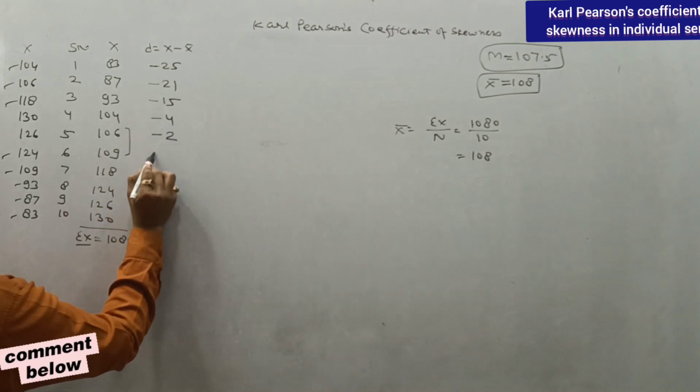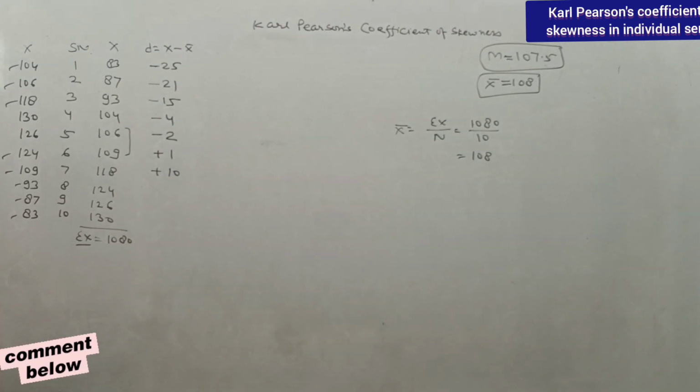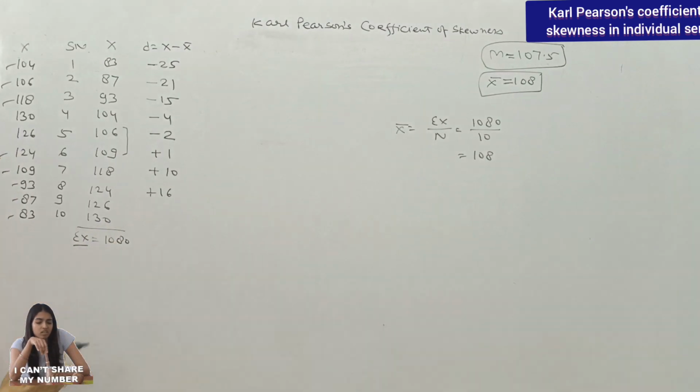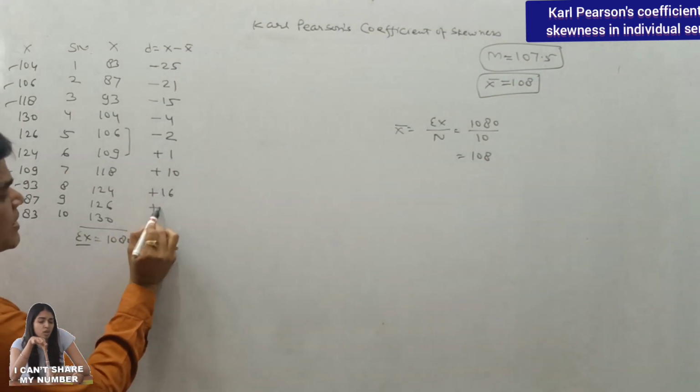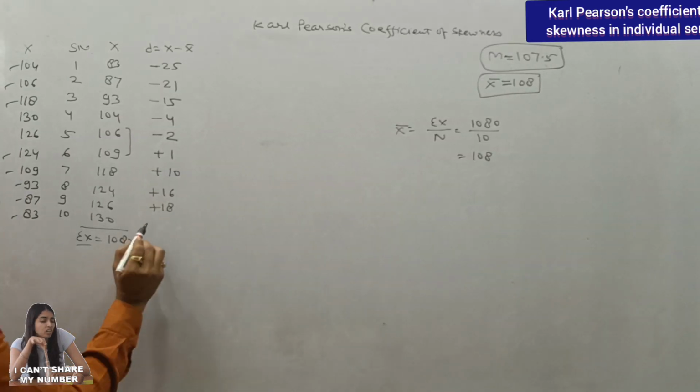Then minus 2, plus 1, plus 10. 124 minus 108 is plus 16, then plus 18. And 130 minus 108 is plus 22.